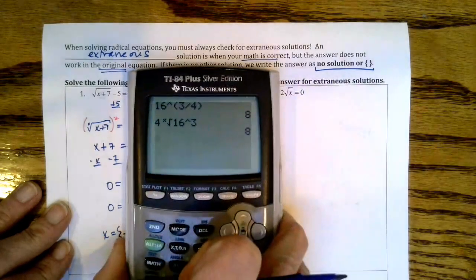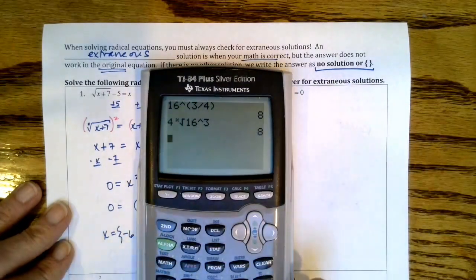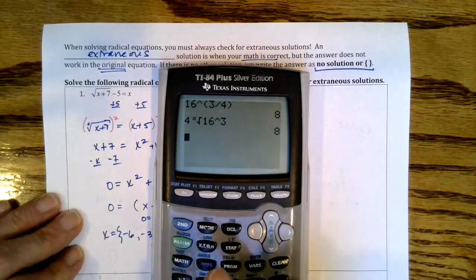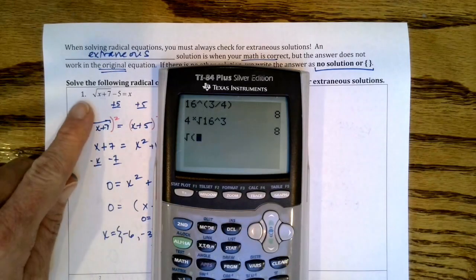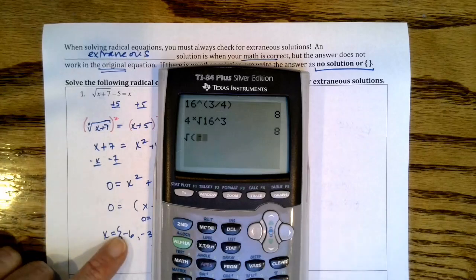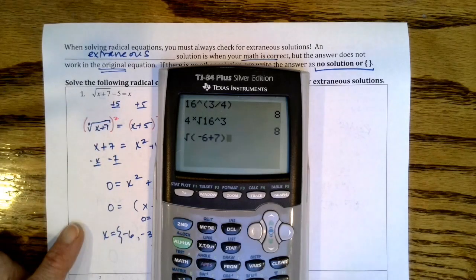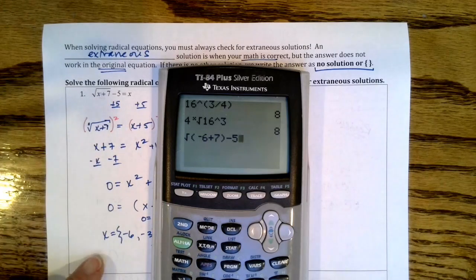Now I need to put both those expressions into the calculator and see if that works. So I have the square root of, let's try negative 6 plus 7, and my parentheses, minus 5. My goal here is to get a negative 6 out.